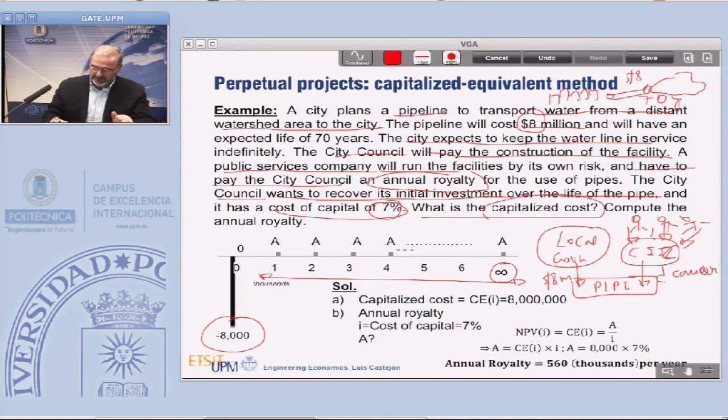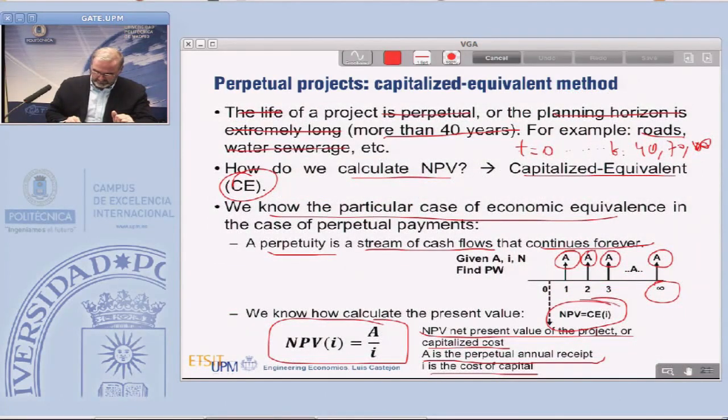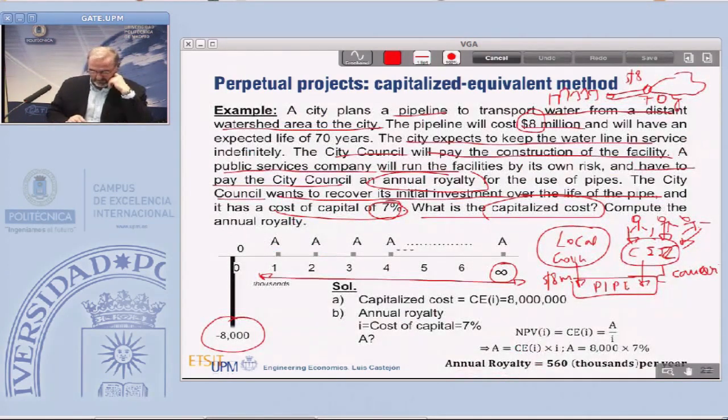Returning to the previous slide, the capitalized cost is the 2-day cost of the project, so the net present value of the project. So the first question is straightforward: 8 million.